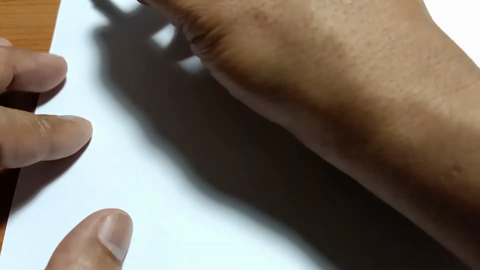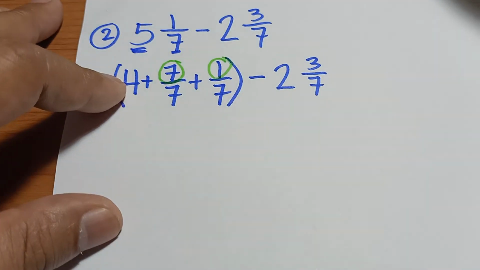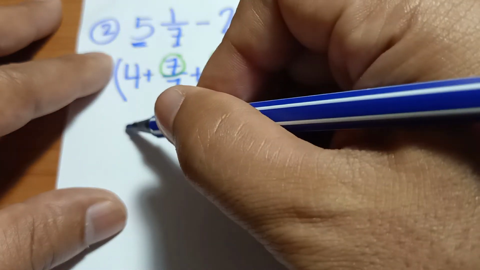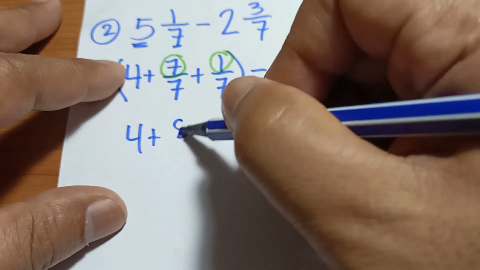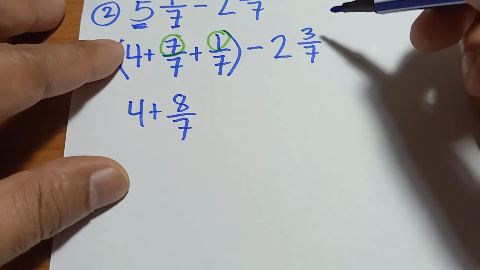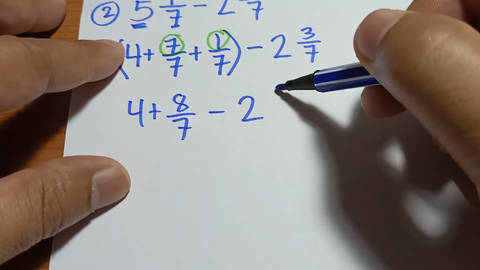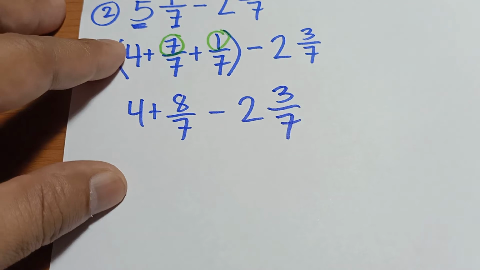For our second example, we can simply add 7 plus 1, and the answer is 4 plus 8 over 7, minus 2 and 3 over 7.